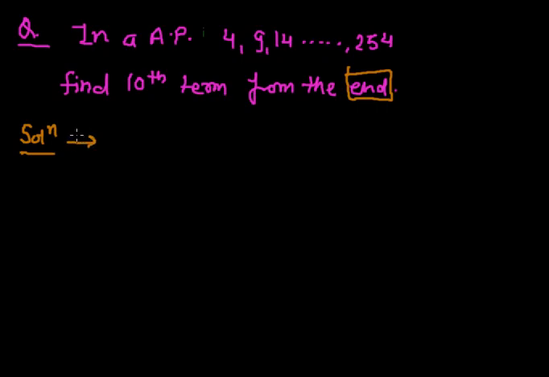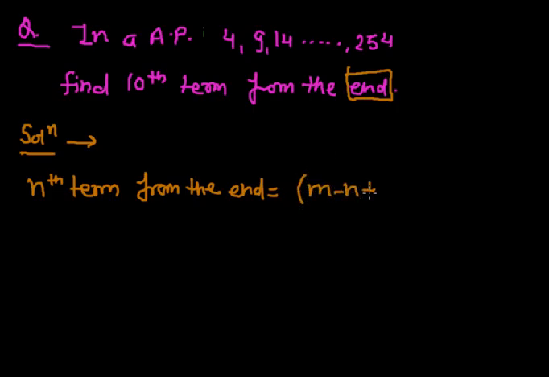For this type of problem you have to understand a simple formula, or we can say a simple logic, that nth term from the end is always equal to m minus n plus 1th term from beginning.